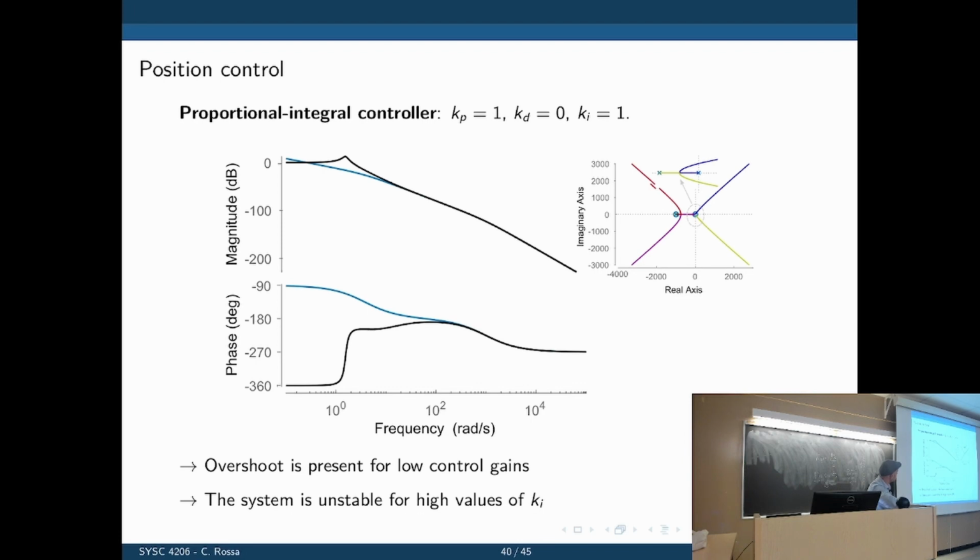And if you look at the root locus, what's the important information there? There is potential for instability, for the poles on the right side. They can go unstable for gains that are too high.